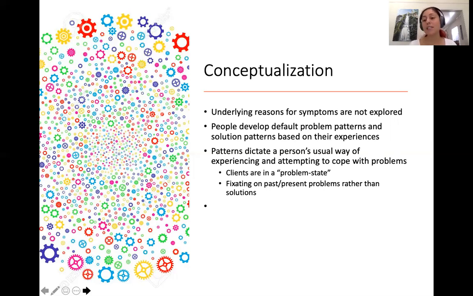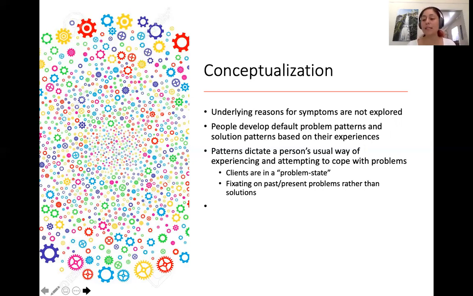These patterns dictate a person's usual way of experiencing the world and attempting to cope with their problems. Clients become trapped in a problem state that keeps them from recognizing the effective ways they've dealt with problems in the past, because they keep employing the same ineffective solutions and they keep being stuck in the problem-saturated story.